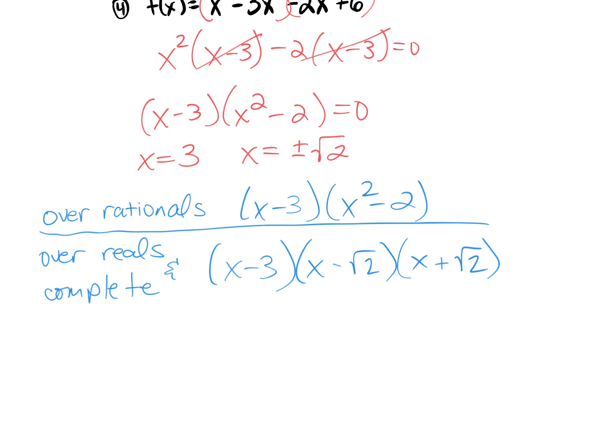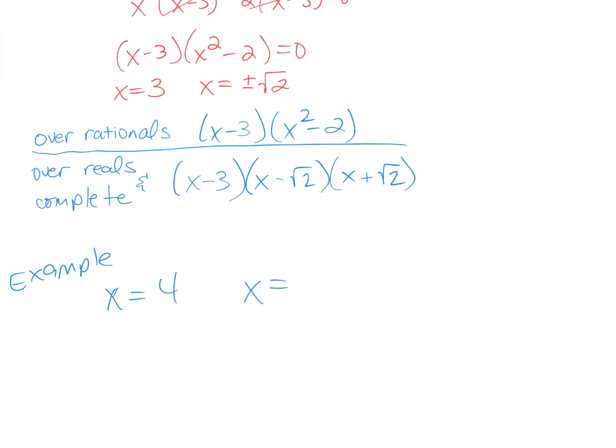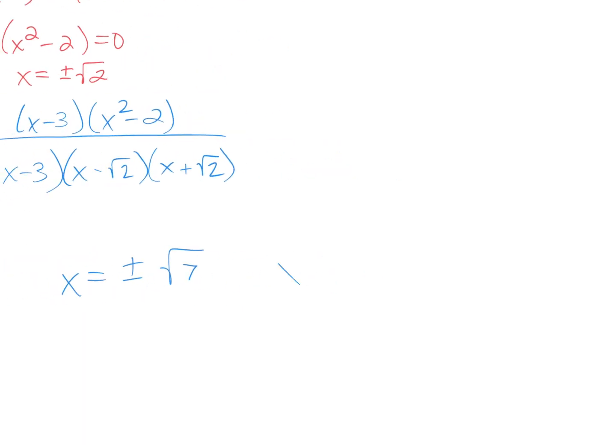Let me make up an example. Say you factor and you get x equals 4. X equals plus minus the square root of 7. And you get x equals plus minus 5i.